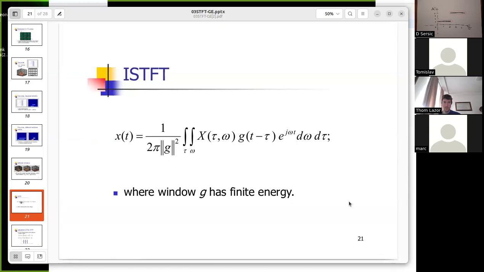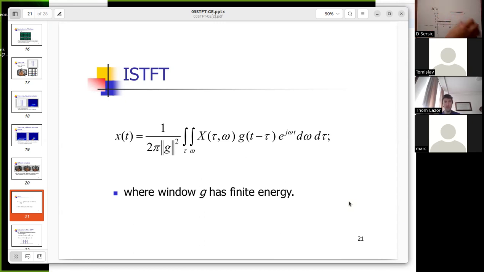So any g with finite energy can be an admissible window for the short time Fourier transform, but of course not all of them make sense. We are going to choose such g's with some good properties, not only in the time domain, but also in the frequency domain.